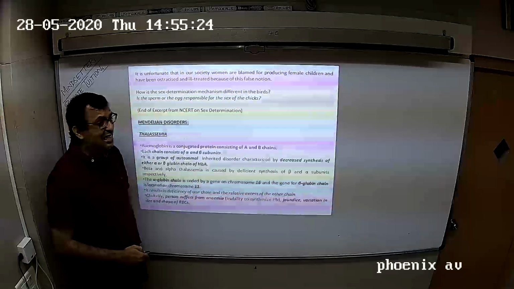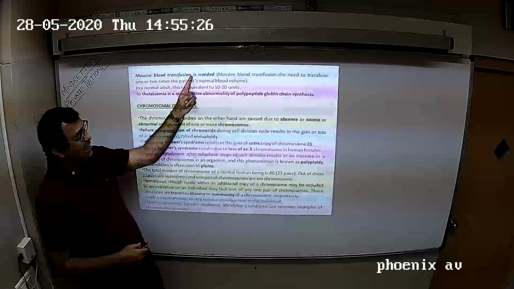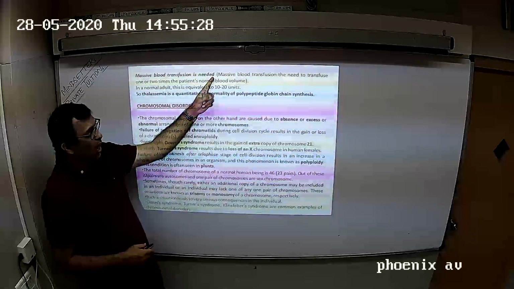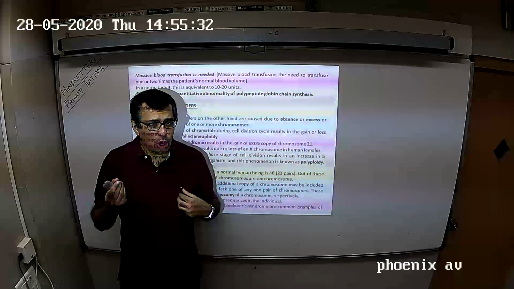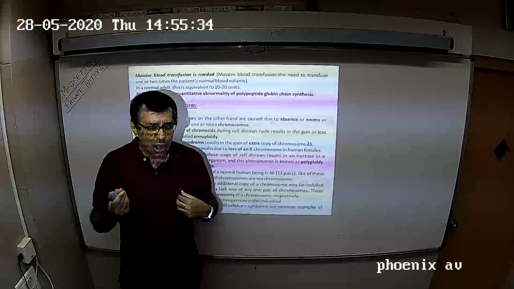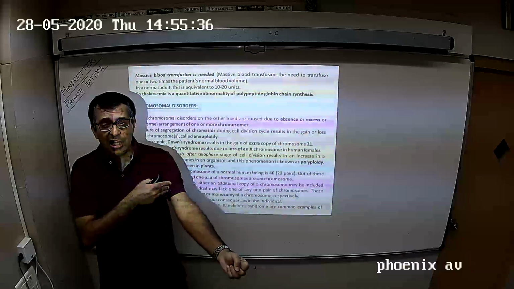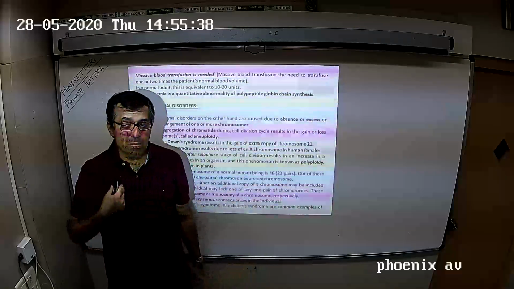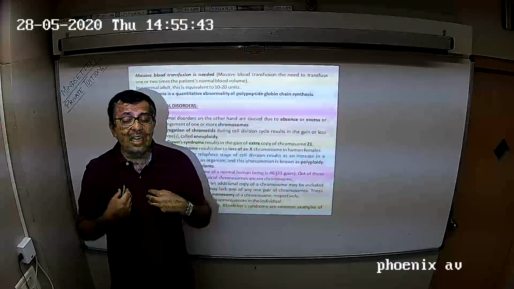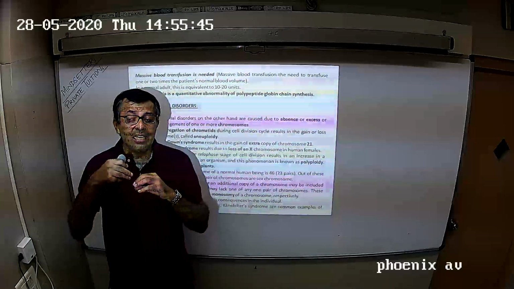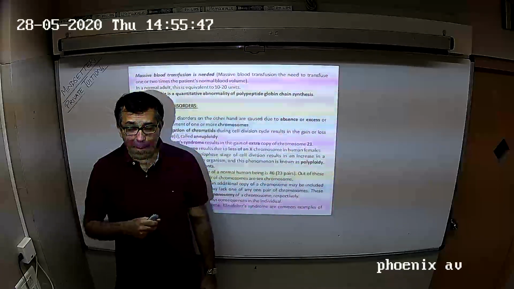How do you treat thalassemia? Massive blood transfusion is required. In case there is oxygen deficiency and the quality of hemoglobin is weak, you need to give blood transfusion where normal RBC of his blood group is given to him, and that normal RBC will increase the oxygen carrying capacity.